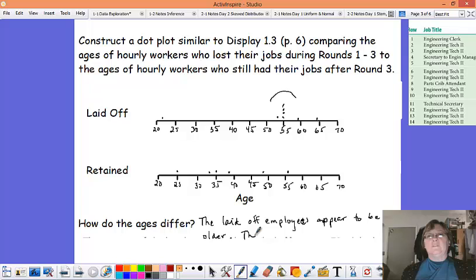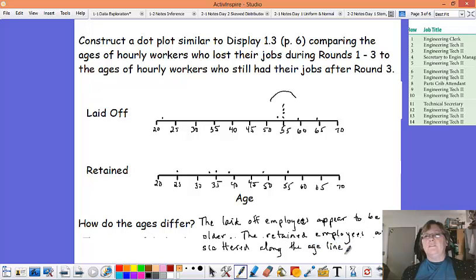The retained employees are scattered along the age line. All right, that's my answer for this.